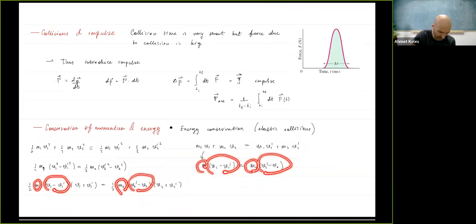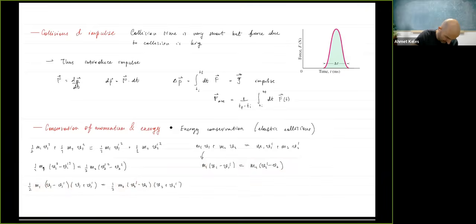But these things are equal, so I can cancel these, right? Of course, 1/2, I can cancel that too. So what I find is v1 plus v1 prime should be equal to v2 plus v2 prime. Of course, this is in 1D.